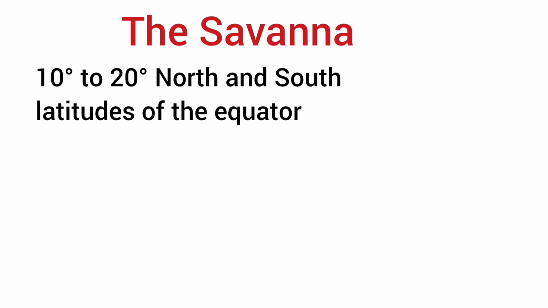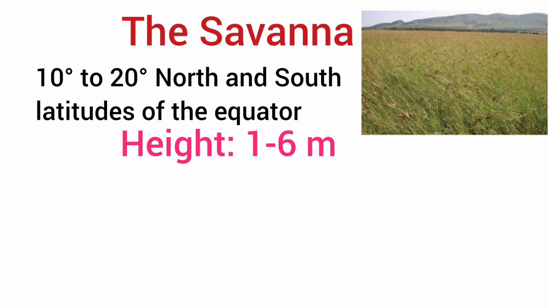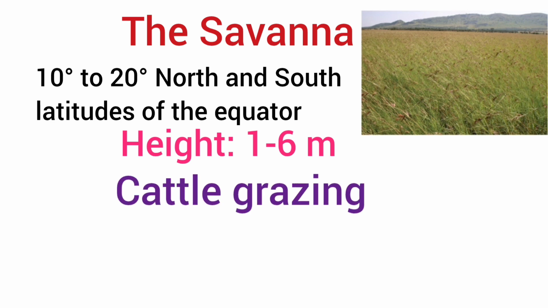In the savanna region, the grass height is 1 to 6 meters towards the higher latitudes. The people of this zone get their livelihood through cattle grazing. An example of a country with savanna region is Kenya.